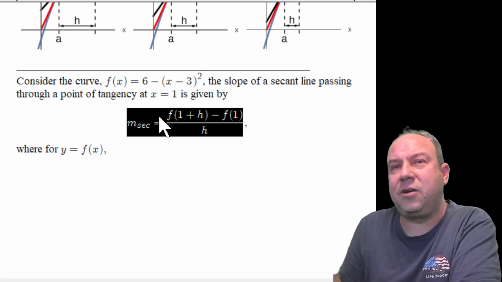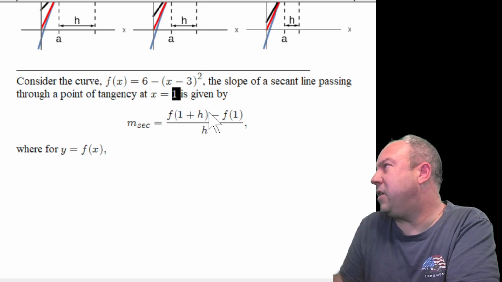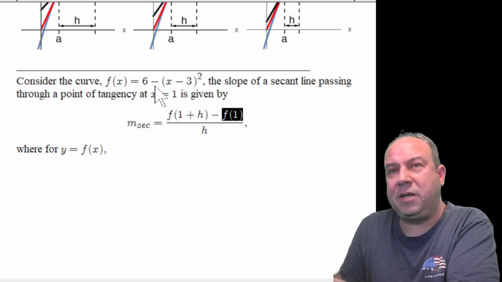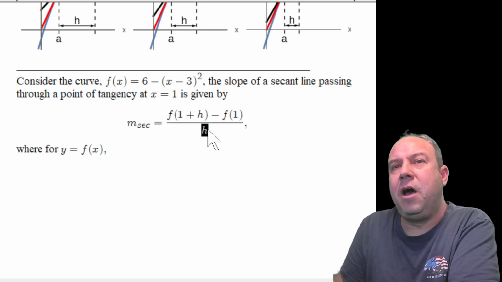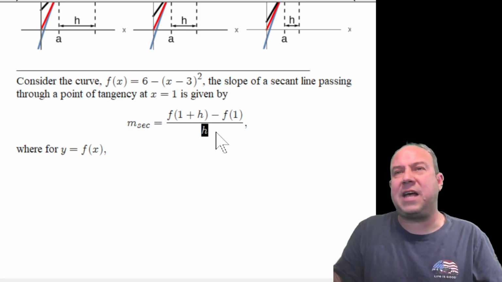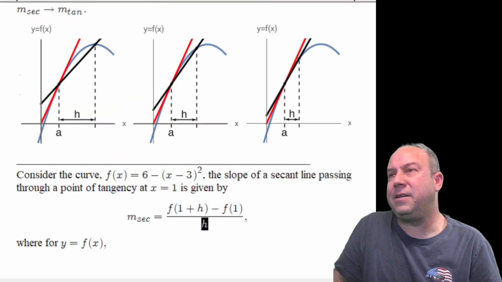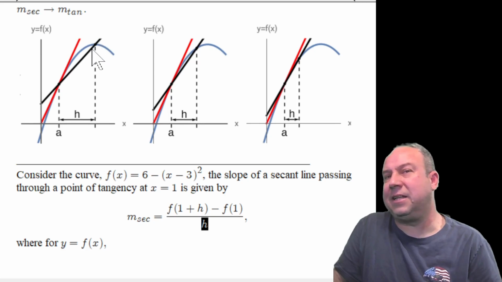As we had said, it's going to be f at 1 plus h, because 1 is our point of tangency, minus f at 1, again because 1 is our point of tangency, all divided by h. H, again, being that horizontal distance between our point of tangency, we can see in these illustrations right above, and that second point on the secant line.